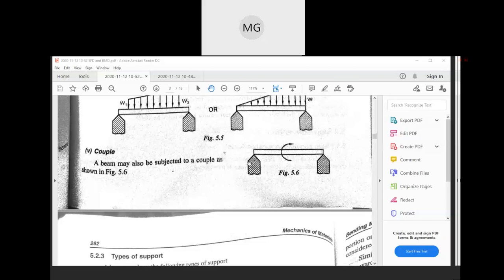Suppose it is on a wall. If you are keeping a beam and you apply a couple, here it may get lifted up and the wall may crack. Because of the load, the wall may fall down or the beam will bend, inclined.